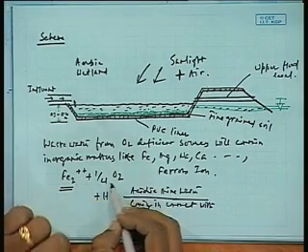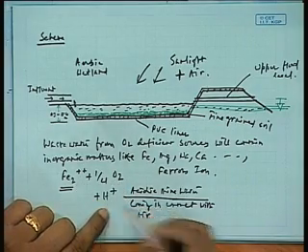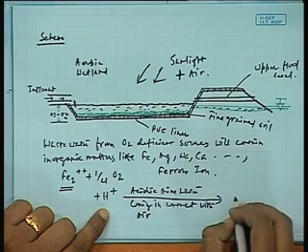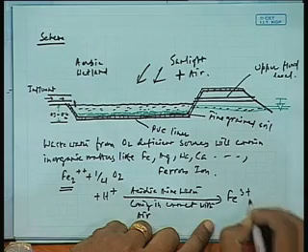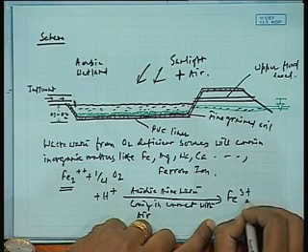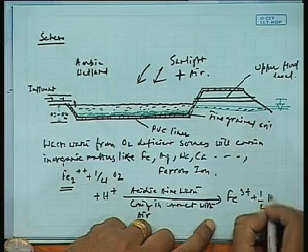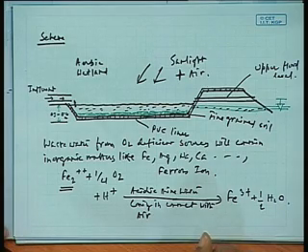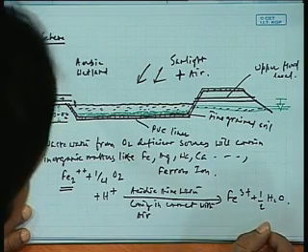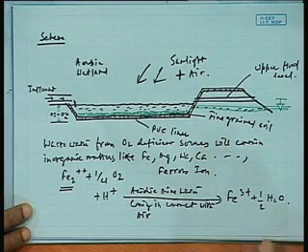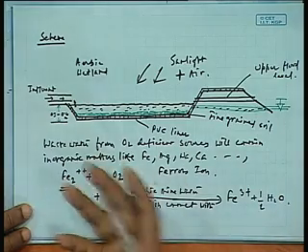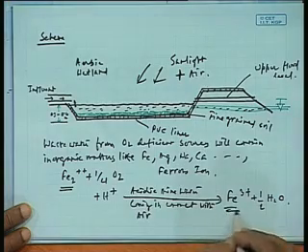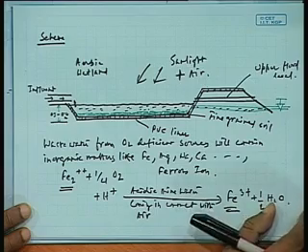This is ferrous ion, oxygen and hydrogen. As it comes out like this, the reaction that takes place is Fe3 plus plus 1/2 H2O. You can multiply it by 2 or by 4. So this is the conversion to ferric iron.